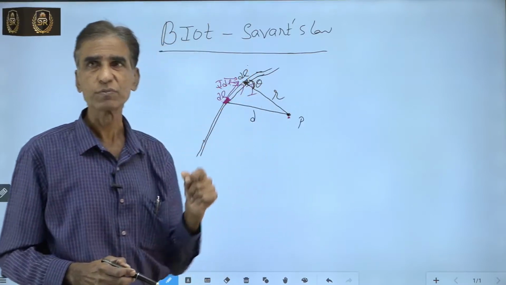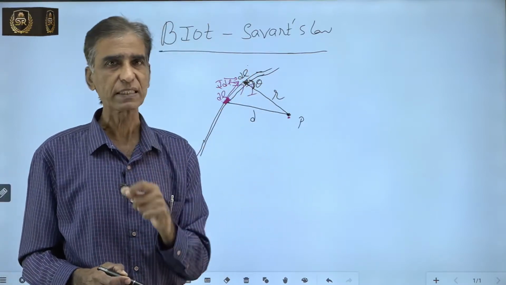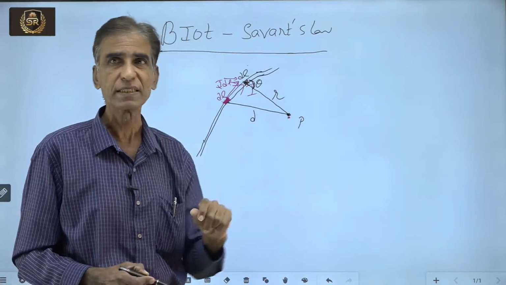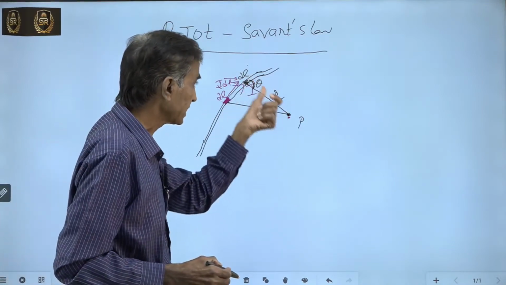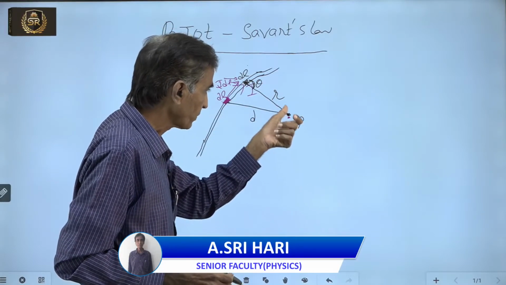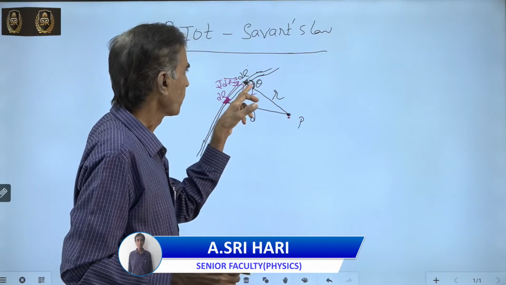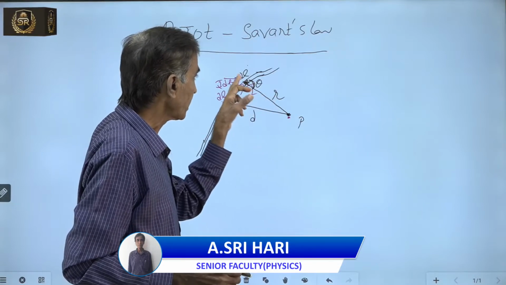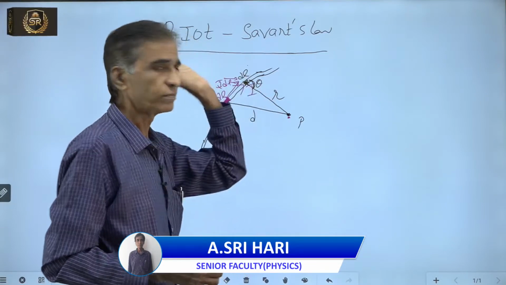The position vector indicates the position of this point. Therefore, the distance is r between the element and the point where we want to find the magnetic field, and the angle made by r with dl is theta.